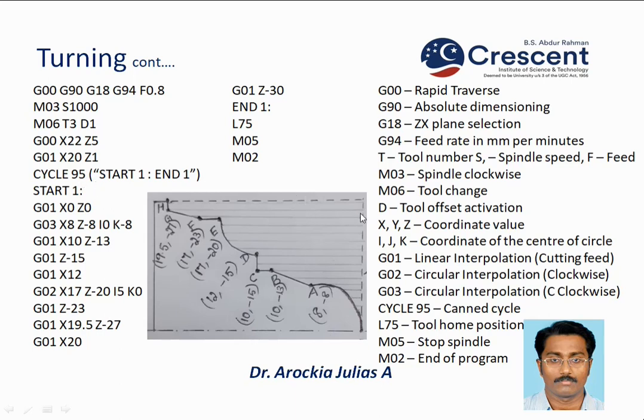The tool has to move from right to left step by step as per the feed. But if you use cycles, you need not mention each step. We just define the profile, the program will take care of the multiple steps as per the feed rate.